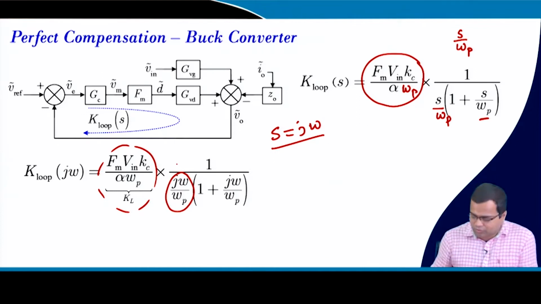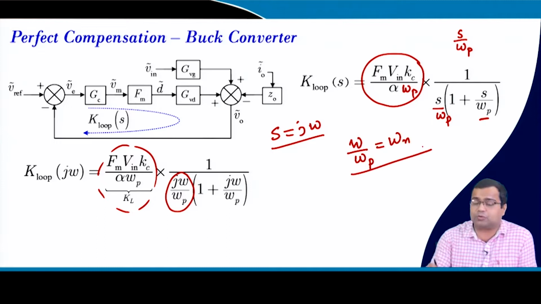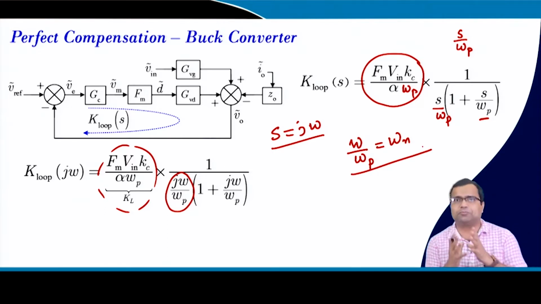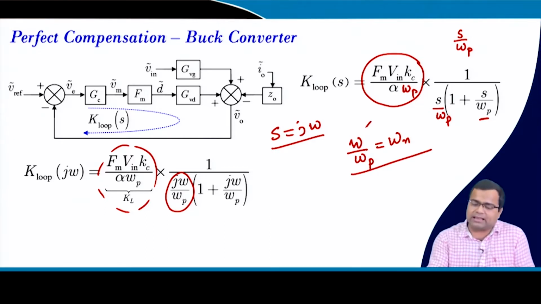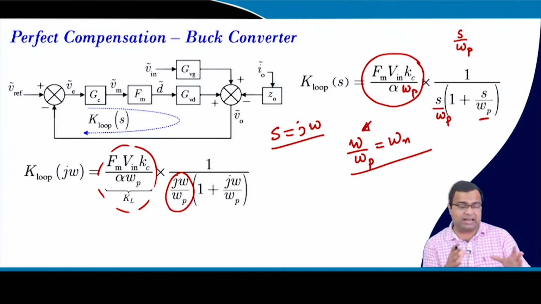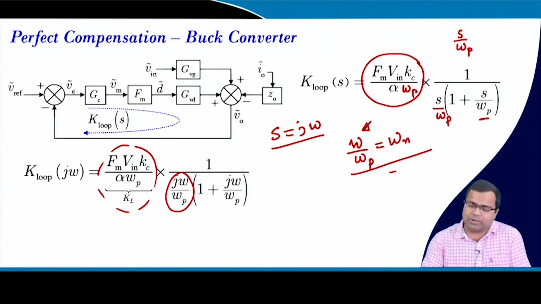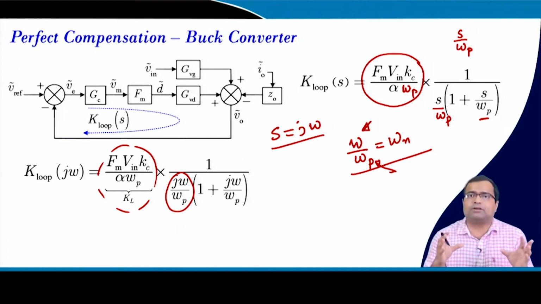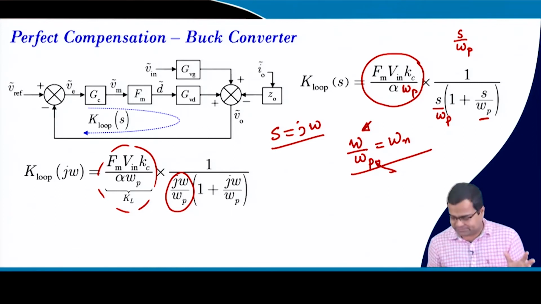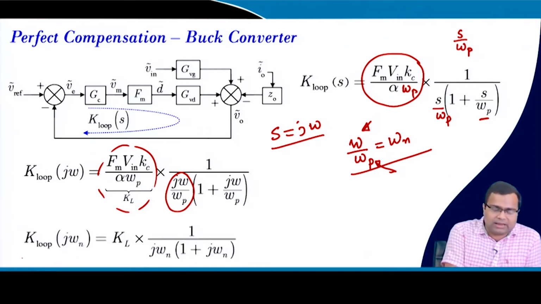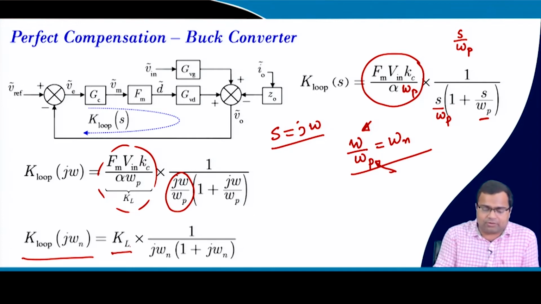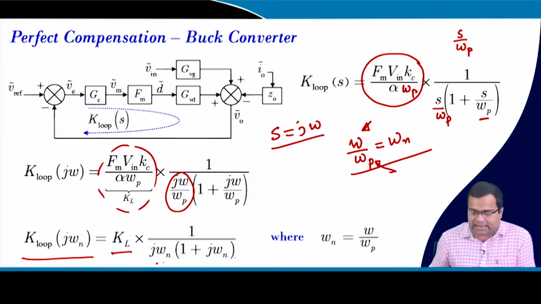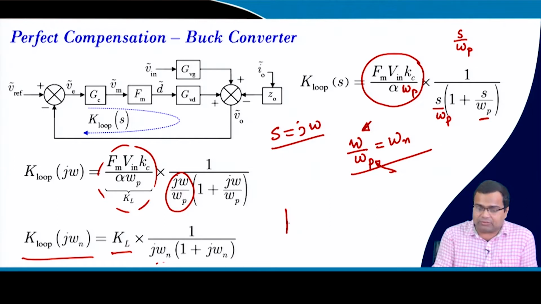Our next task, we want to replace this omega by omega p equal to omega n. It is used for normalization, because it is a ratio of two frequencies, where omega is the instantaneous frequency related to the frequency response, and omega p is the simple pole of the controller which we want to place. So, the normalized loop gain will take the form KL into this, where KL, what is KL that we have discussed?